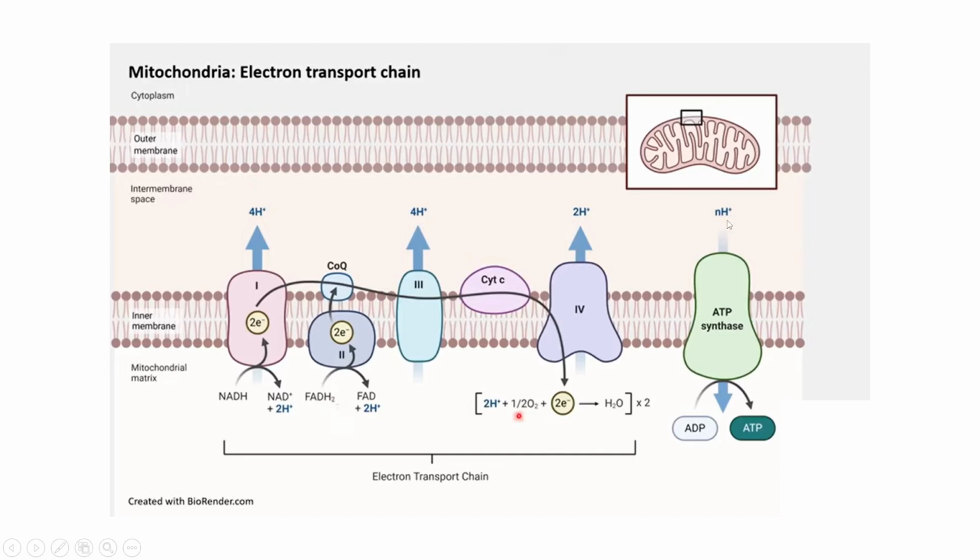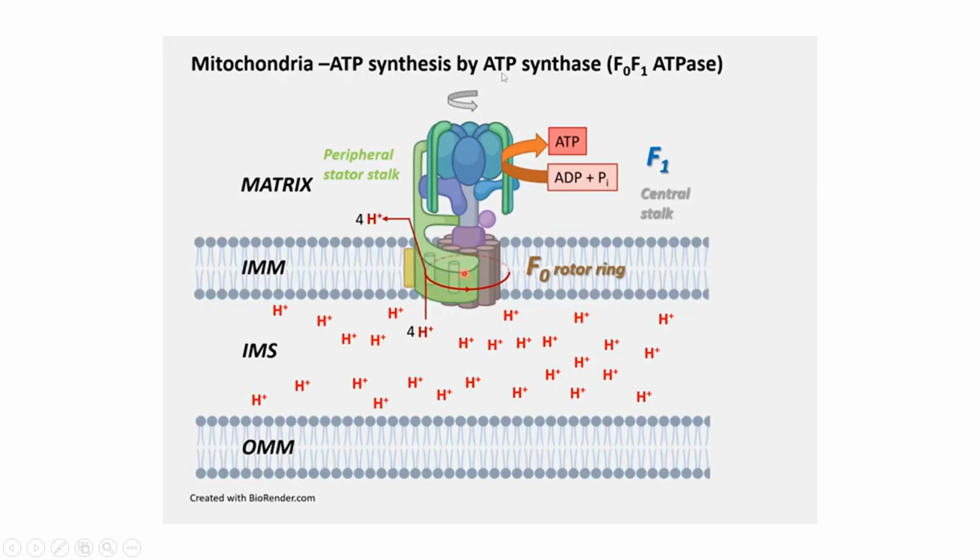Okay, and due to this higher concentration, the ATP synthase enzyme will use this electromotive force. Okay, by using the energy from these hydrogen ions, it will convert ADP to ATP. Okay, so this constitutes the synthesis of the ATP by the ATP synthase, present in the mitochondria.